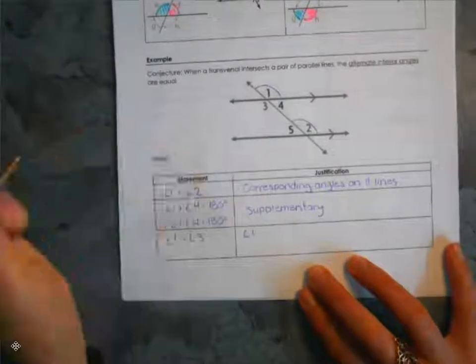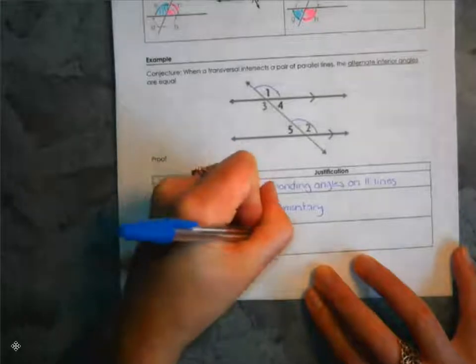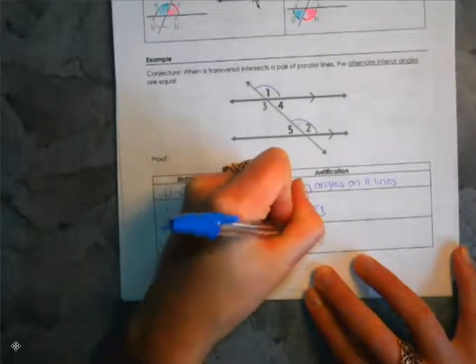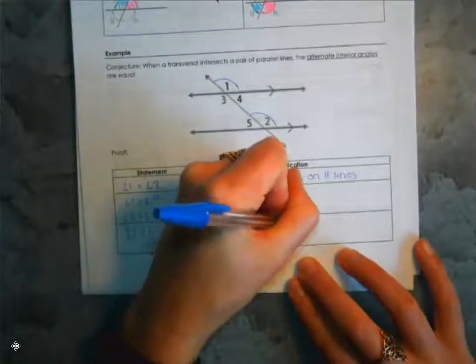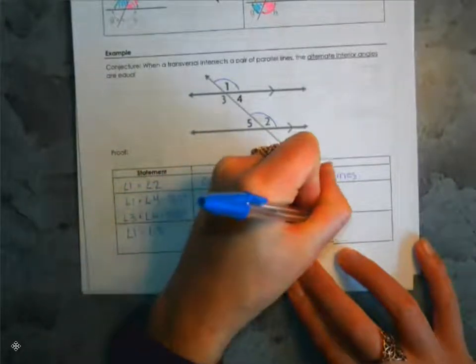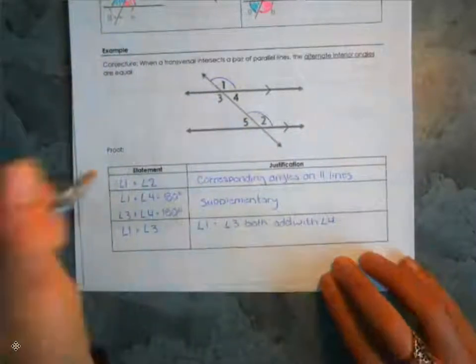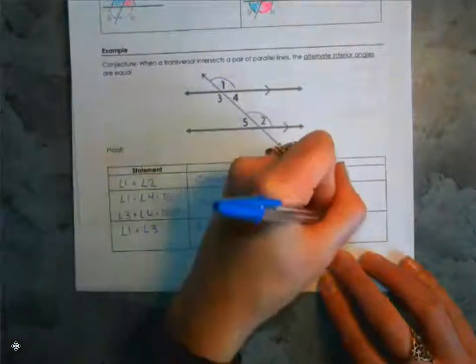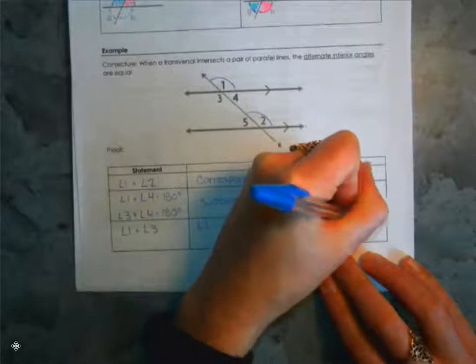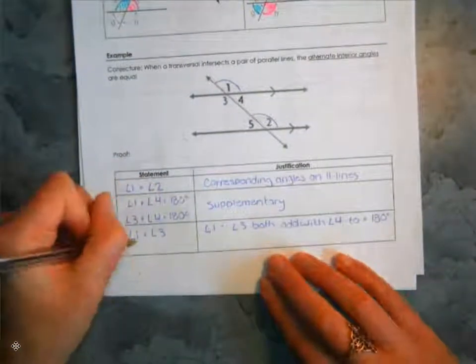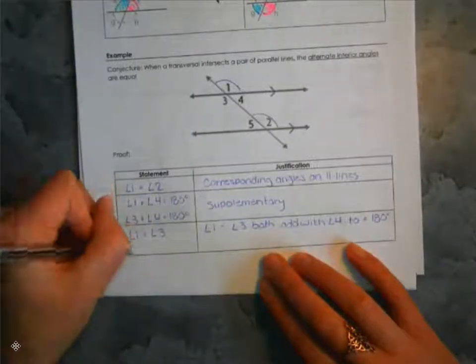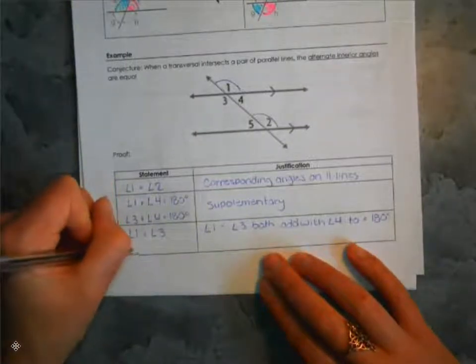Angle 1 and angle 3 both add with angle 4 to equal 180. Okay, and because of that, maybe next time I make these notes, I'll put a separate box here because it's a little bit separate.